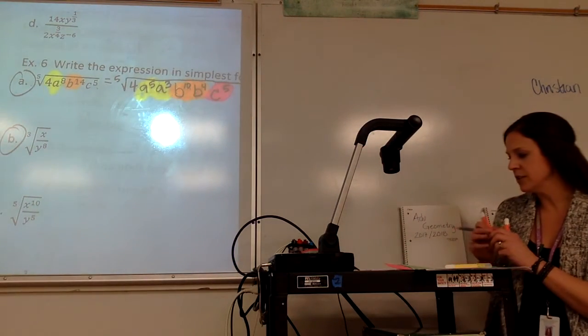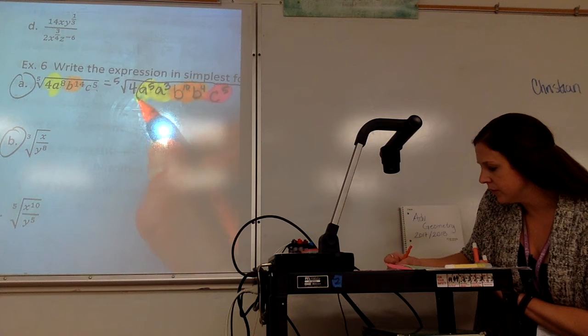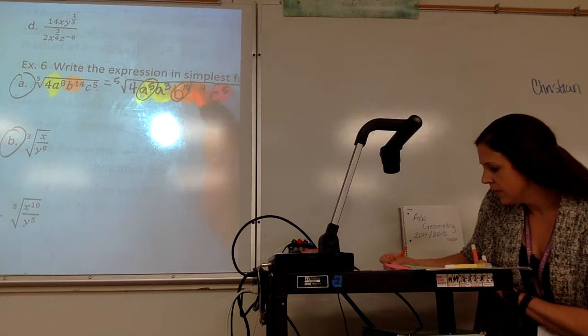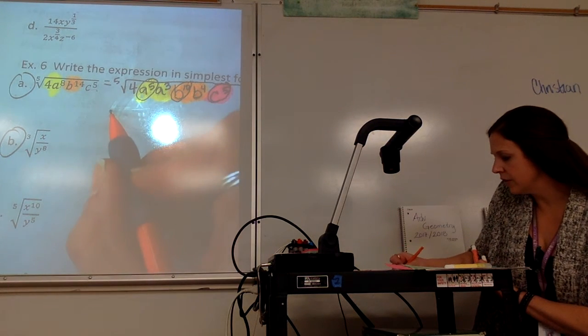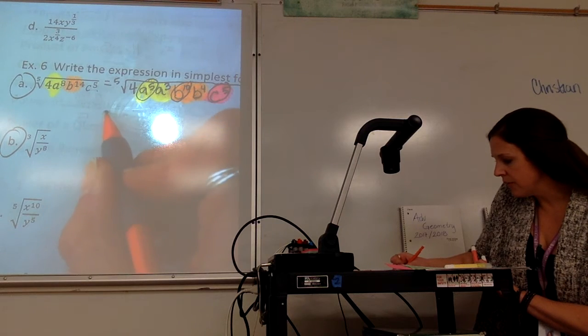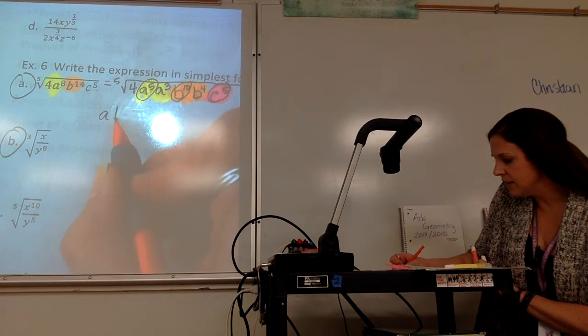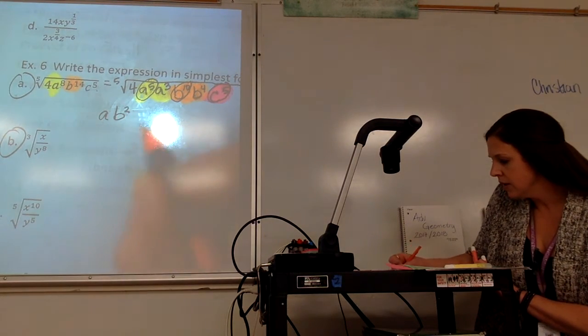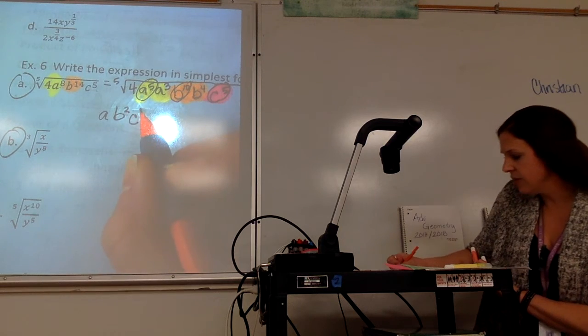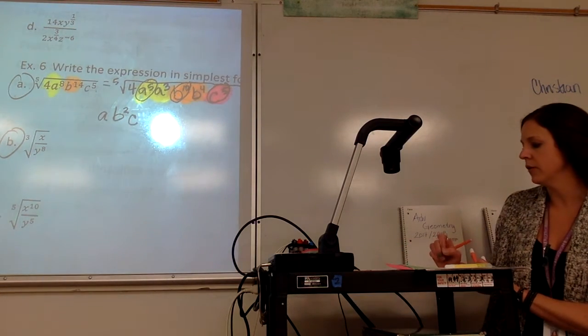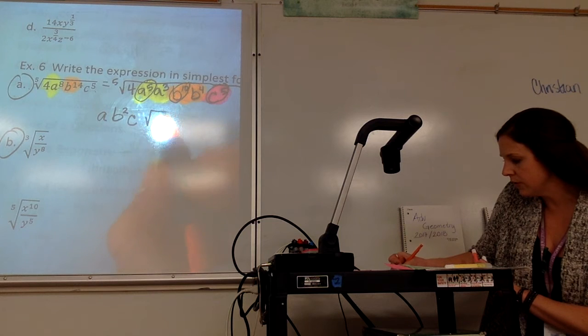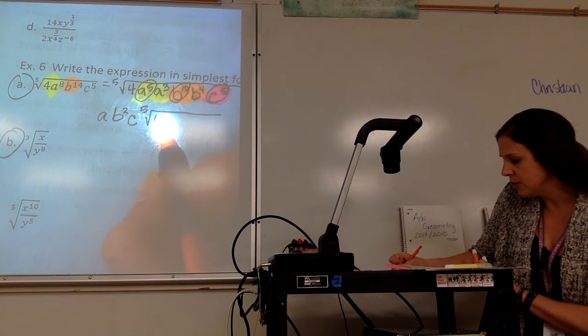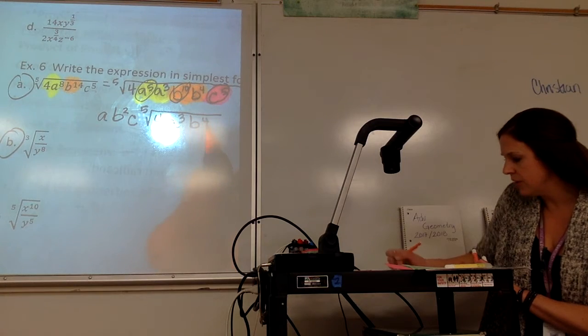I'm going to take out the pieces that actually have roots. So the ones that I circled, a to the 5th divided by 5 is a, b to the 10th divided by 5 is b squared, and c to the 5th divided by 5 is c. So all of those come outside the 5th root symbol, leaving me 4, a to the 3rd, b to the 4th.